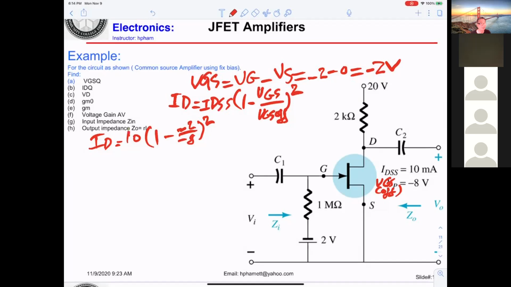You see the I given to you: ID equals 10 times (1 minus 2 over minus 8) squared. Let's do the calculation.